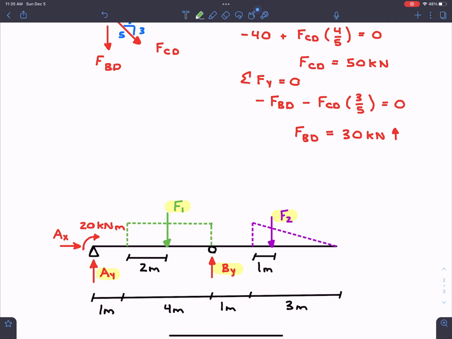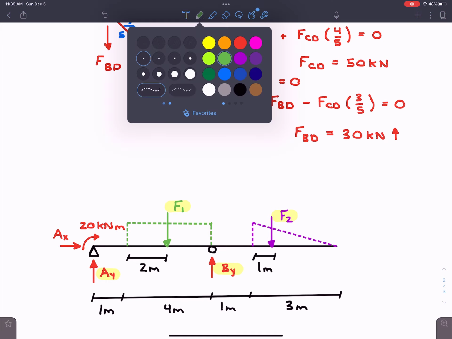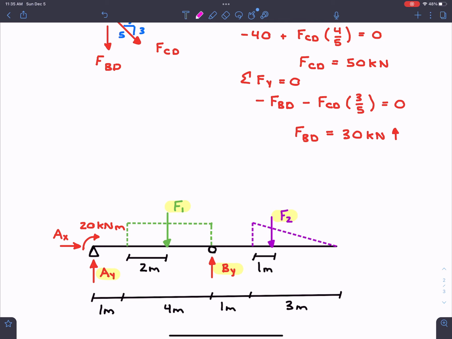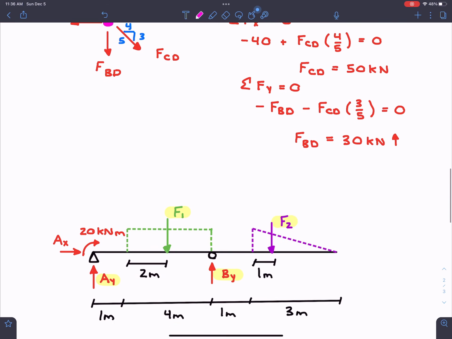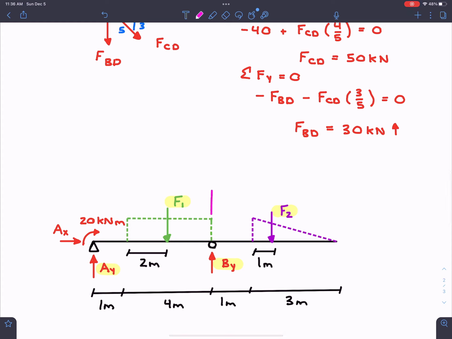But the nice thing is we now know how these forces act on our beam. Based on what we figured out, I'll put it in pink. Everyone likes pink. We know that in FBD we have 30 kilonewtons, and this will be going downwards. So this right here will be 30 kilonewtons, on that hinge right there.